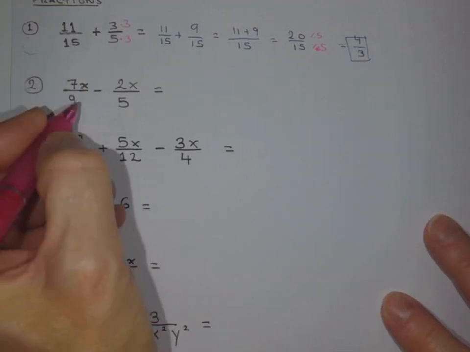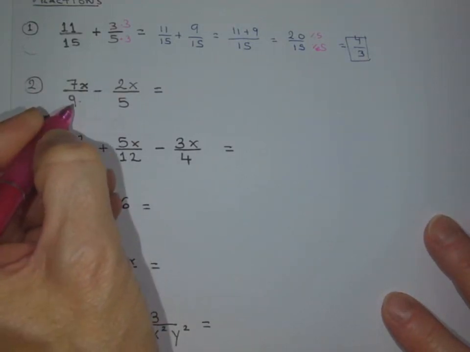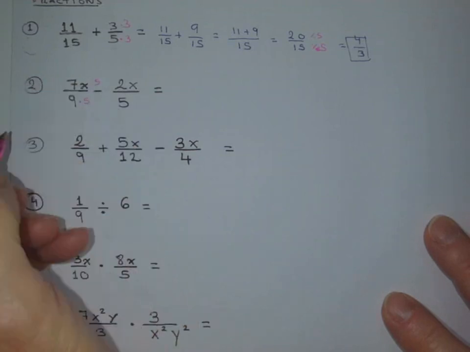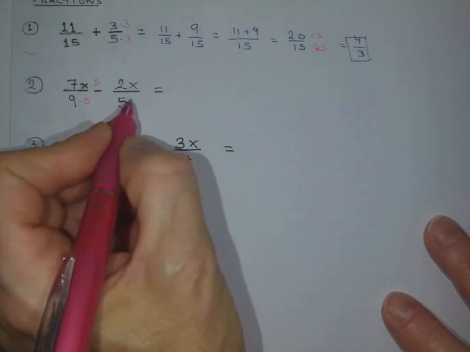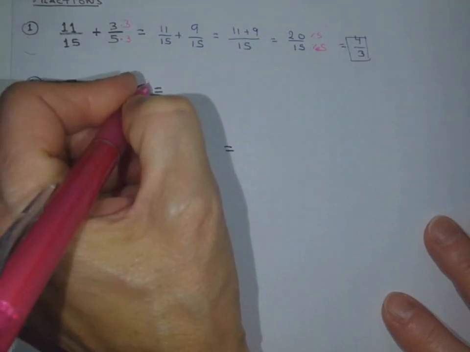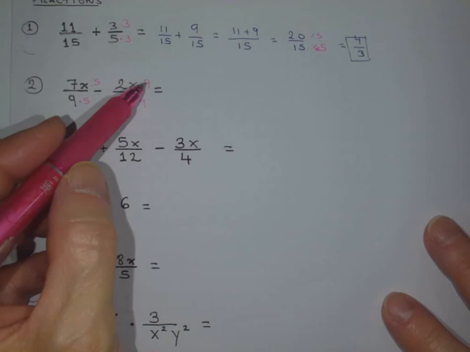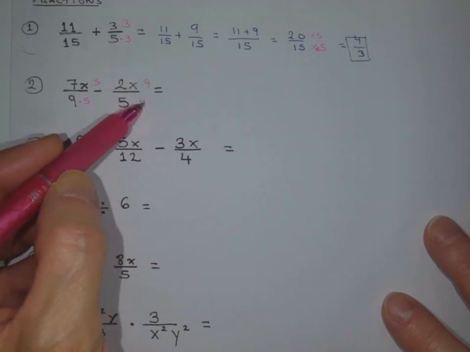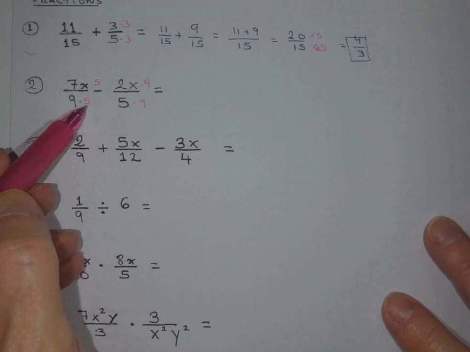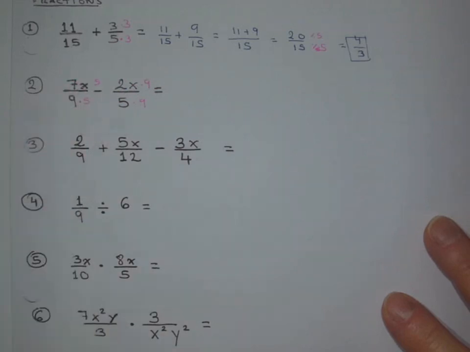Well, I'm going to have to multiply this denominator by 5, meaning I need to do that in the numerator as well. And this denominator is going to have to be multiplied by 9, meaning I need to do that in the numerator as well to get my 1, right? 9 over 9 is 1. Multiplying by 1 doesn't change my fraction. 5 over 5 is 1. Multiplying by 1 doesn't change my fraction.